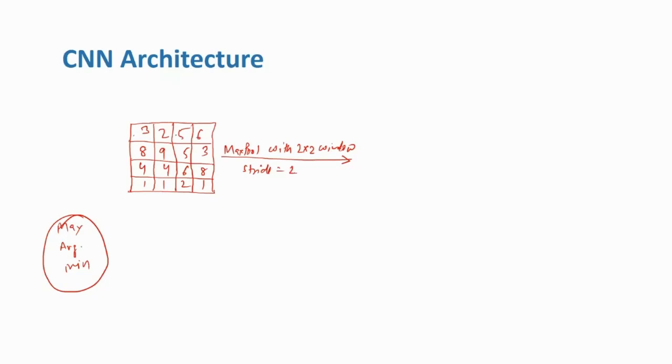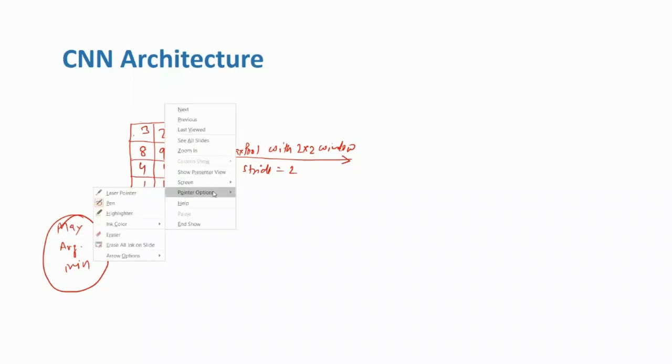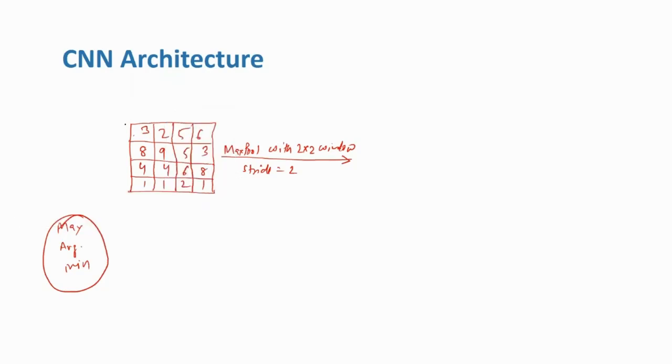How will I get the output? Tell me. Max pool operation with window 2 by 2. The first 2 by 2 will be selected. When 2 by 2 is selected, now tell me what will be the max pool operation.